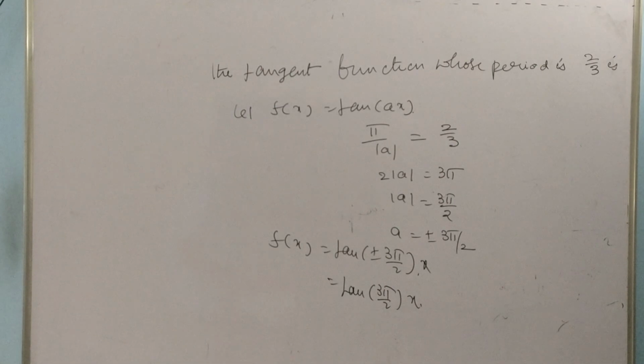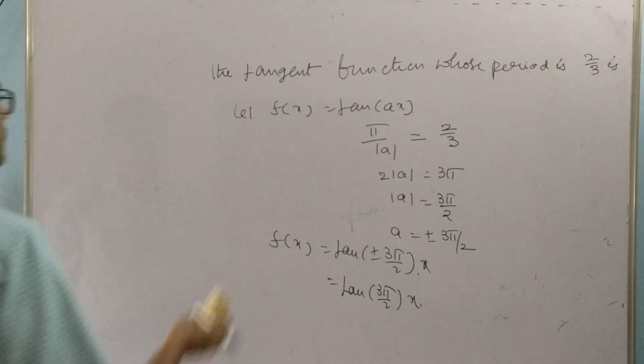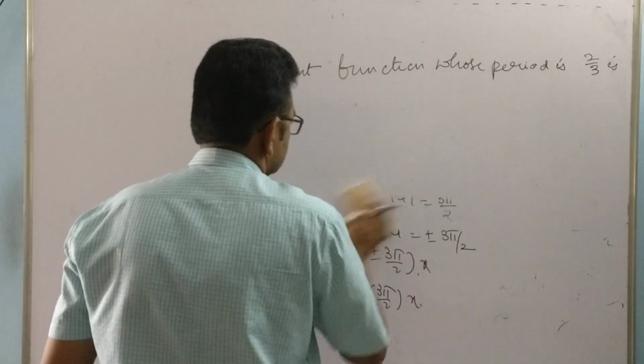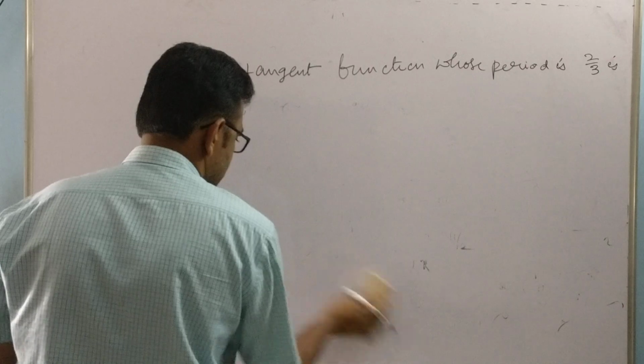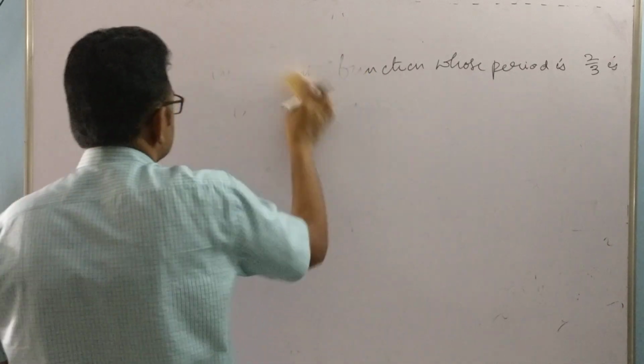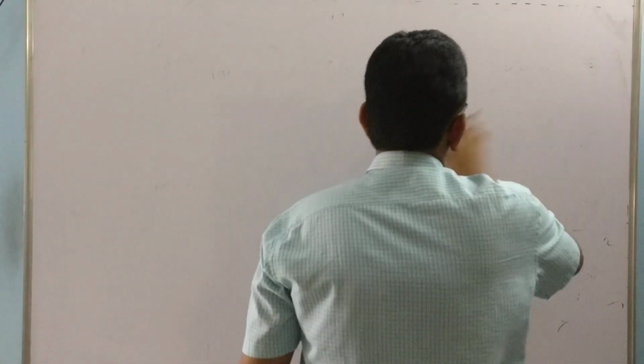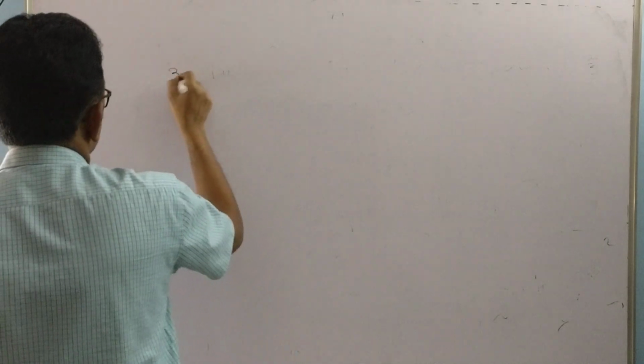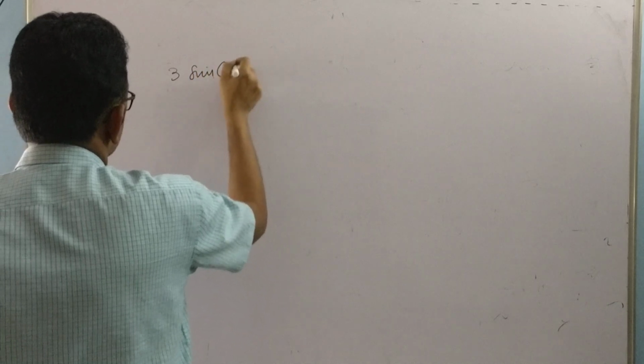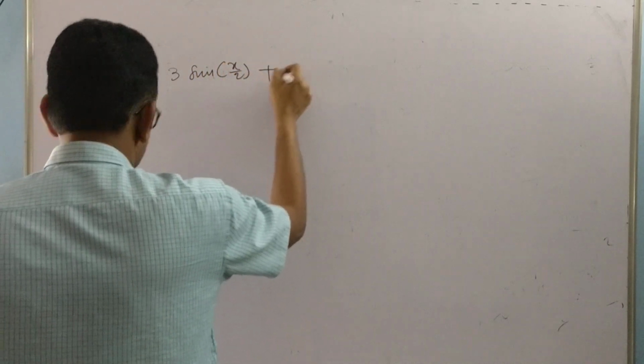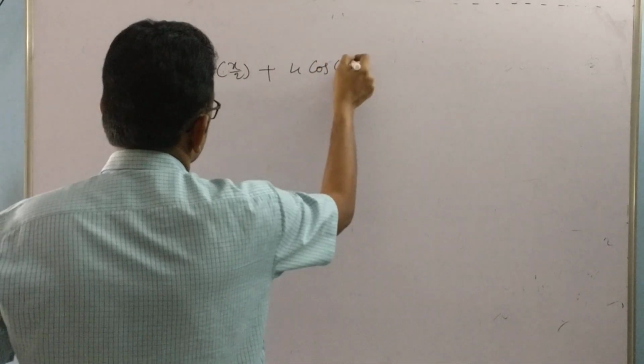Find the period of the function 3 into sine of x by 2 plus 4 into cos of x by 2.